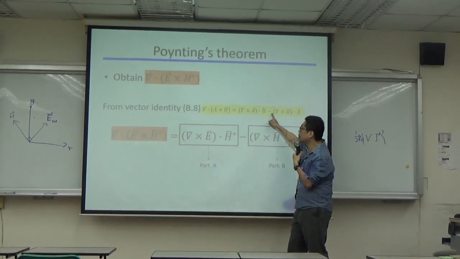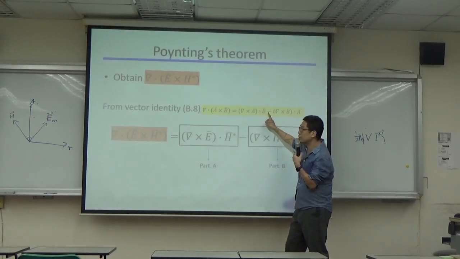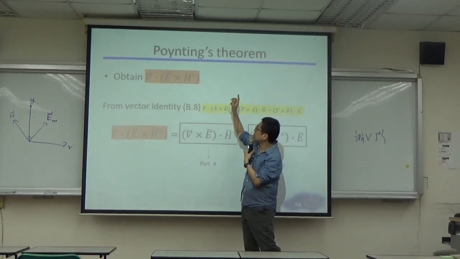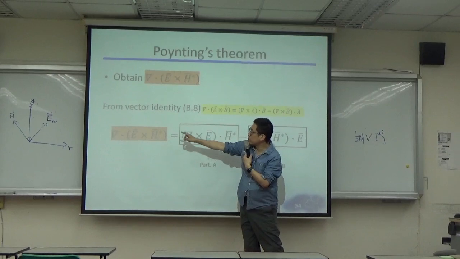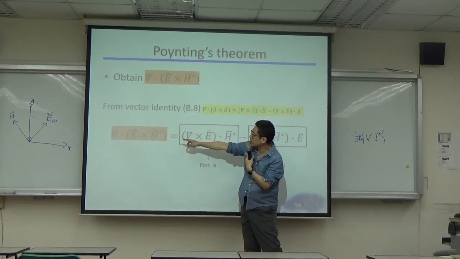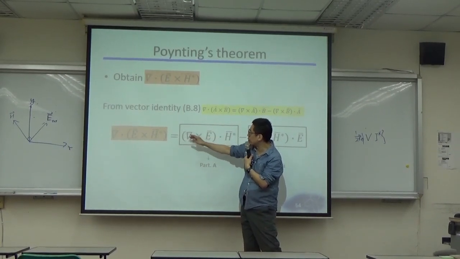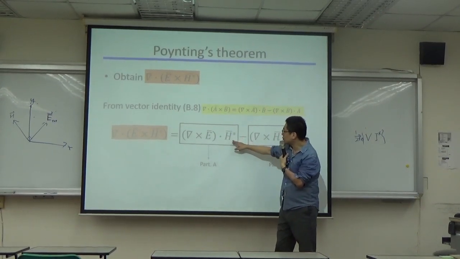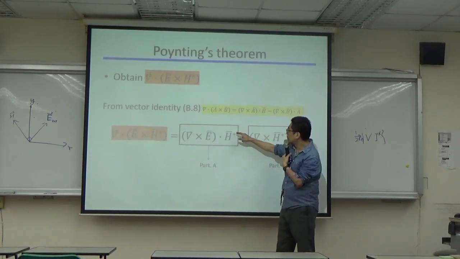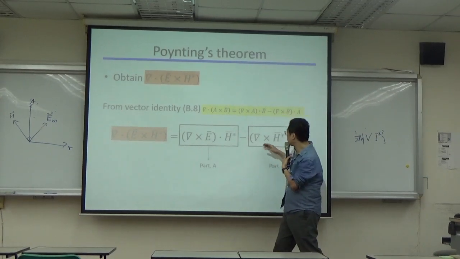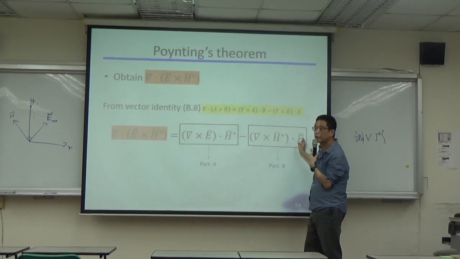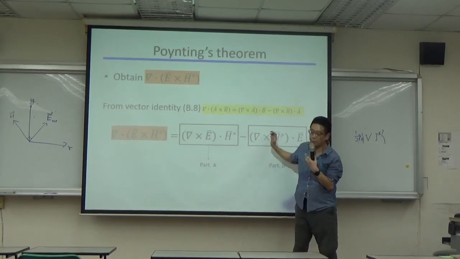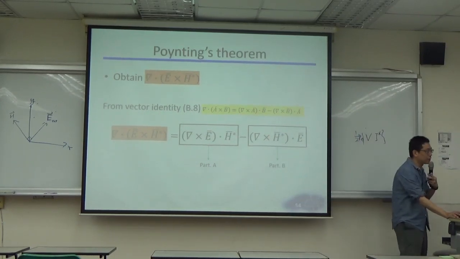So the divergence of E cross H conjugate equals curl E dot H conjugate minus a very similar term.